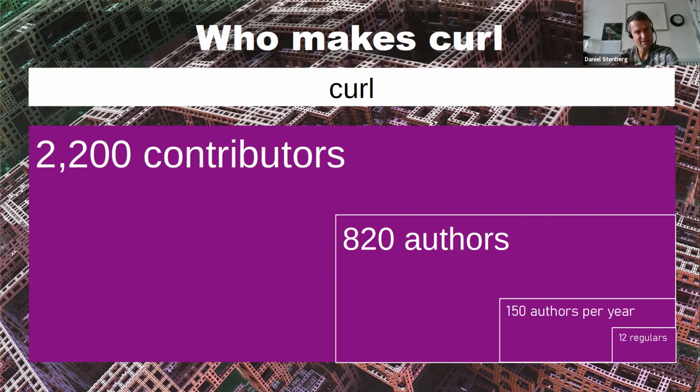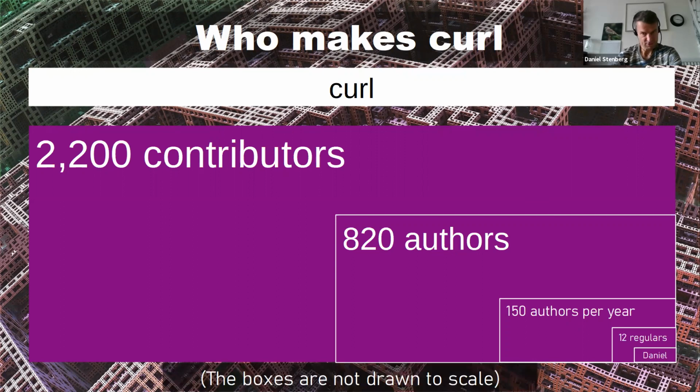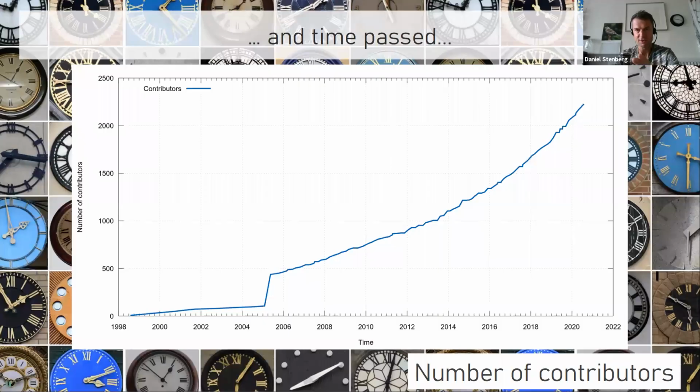So it's just a small core team basically. And then there's me. I'm the only one who has done more than 10 commits every year since 1998. So we're a huge team of contributors and authors, but a smaller core team and me sort of at the wheel of the boat.